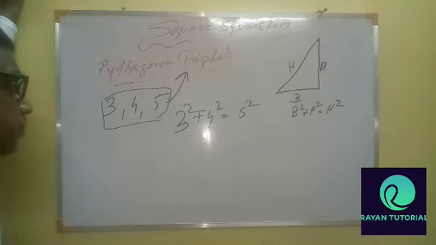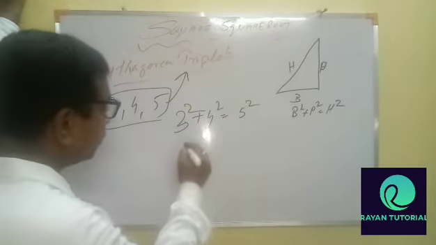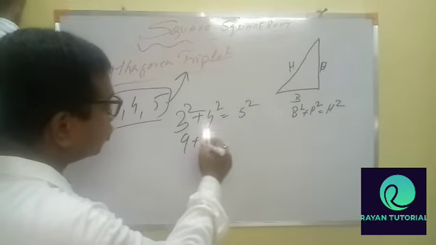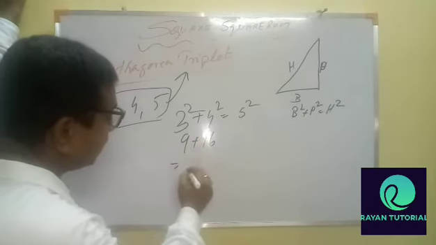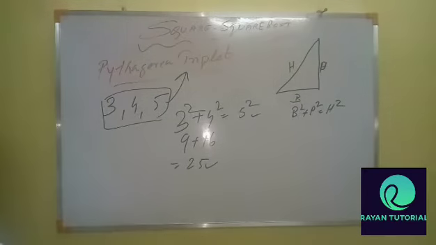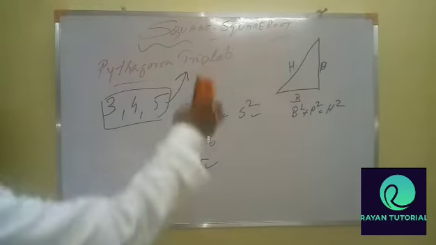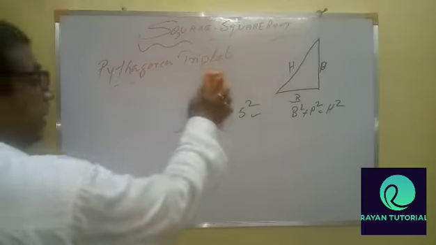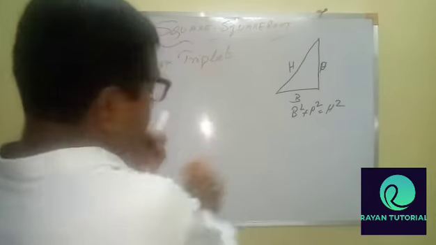Now let us see whether this is right or wrong. 3 square means 9, 4 square means 16, 9 plus 16 is 25. Yes, it is right. So I can say it's a Pythagorean triplet. Clear?